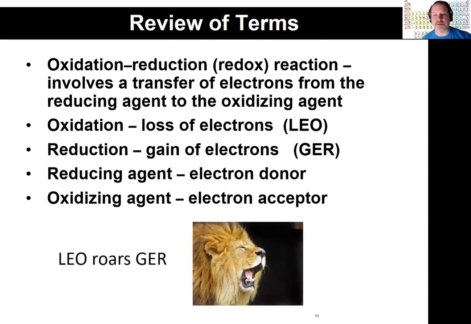I remember these terms by using the little phrase here, Leo roars grr. LEO means loss of electrons. Loss of electrons is oxidation, and grr, gain of electrons, is reduction. There's many other ways to remember this. This is the one I've chosen to remember.